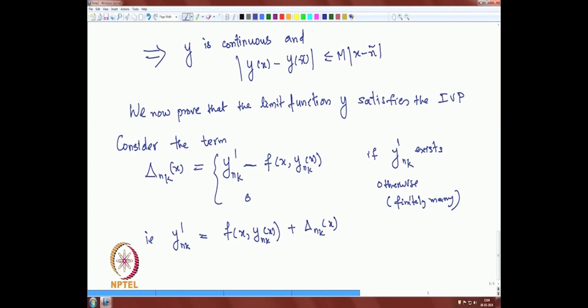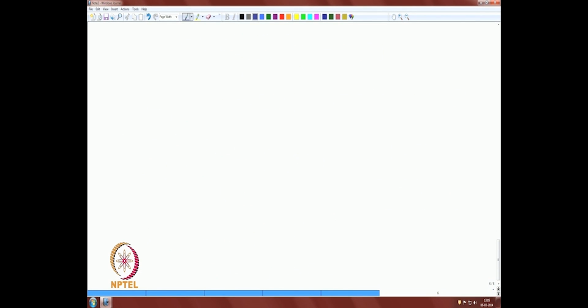Now, integrating over x0 to x, we get ynk(x) is equal to y0 plus the integral from x0 to x of f(t, ynk(t)) plus delta nk(t) dt.